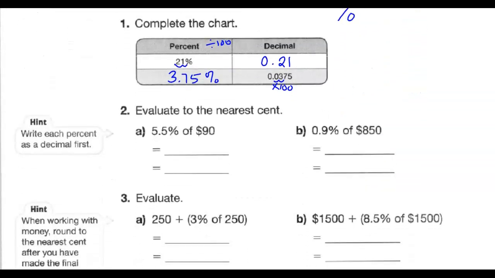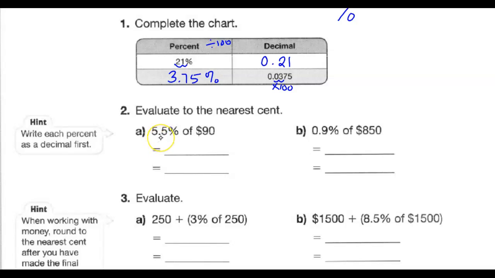Second question, evaluate to the nearest cent. So this is money, and we're taking 5.5% of 90. So we want to write, as it says here, write these percents as a decimal. Some calculators will have a percent key that will do that for you, some won't. And so we really need to be able to do it on our own.